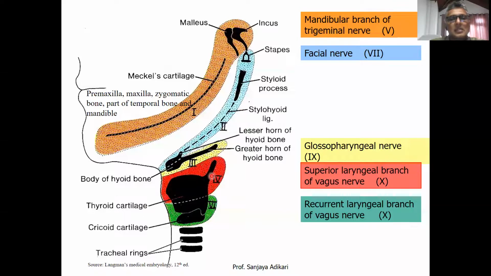Therefore, some of the laryngeal muscles and the pharyngeal muscles are supplied by the vagus nerve as well. Then the recurrent laryngeal nerve is the sixth arch nerve. Fifth arch disappears later. The structures developing from the sixth arch are parts of the larynx and the laryngeal muscles, supplied by the recurrent laryngeal nerve, the sixth arch nerve. So the vagus nerve has two parts here. If it is difficult to remember, you can just remember which nerve supplies which muscles, but this is the basis of that.